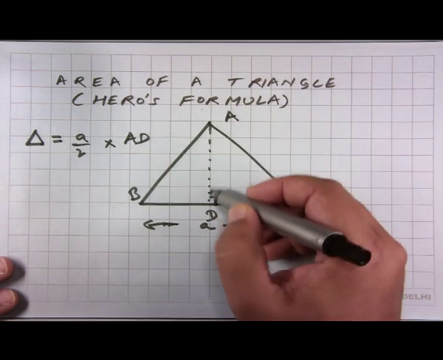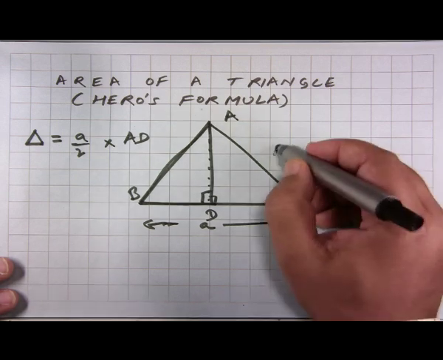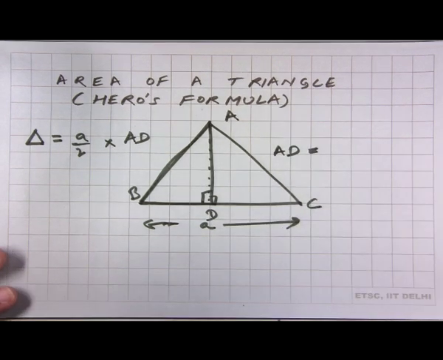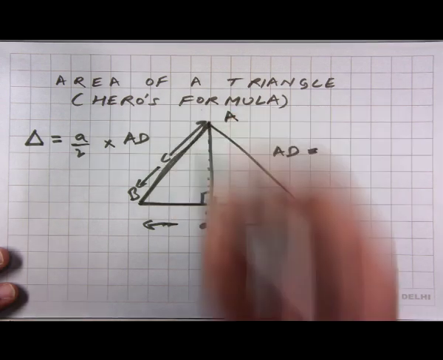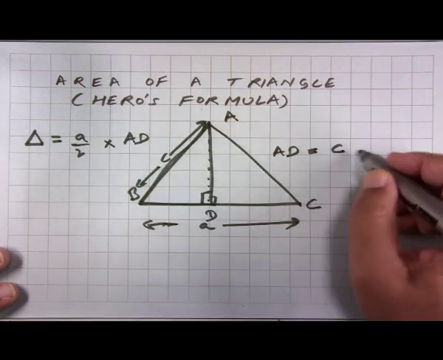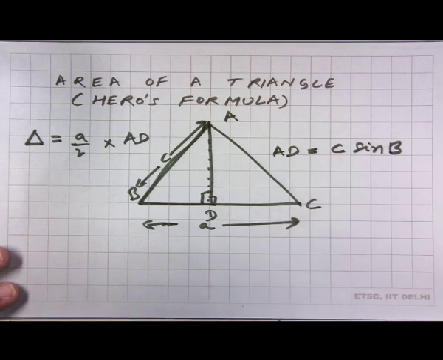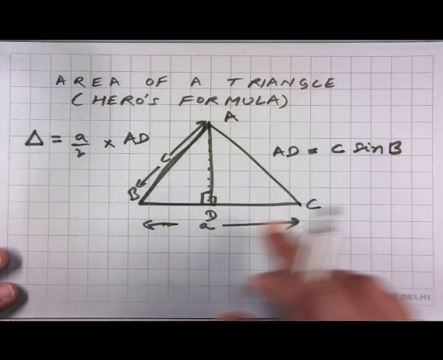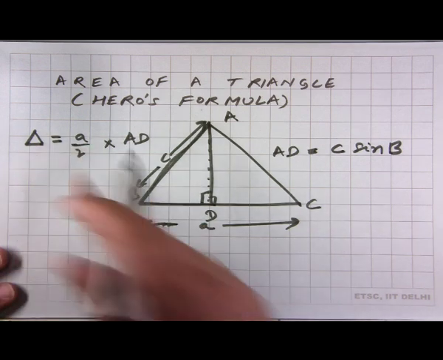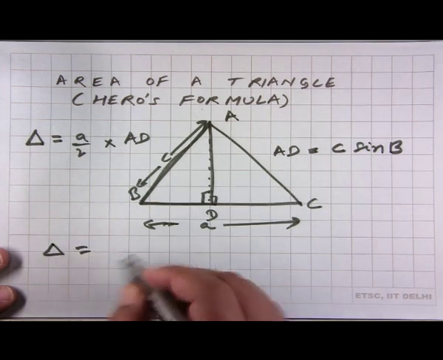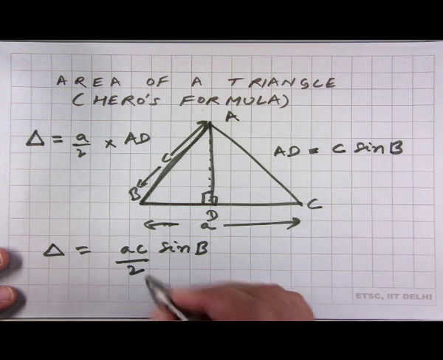But if we look at this particular right angle triangle here, then we know that AD is simply equal to, so this length is C. So, AD is equal to C into sine of this angle, but this angle is B. So, AD is equal to C times sine of angle B. Therefore, finally, what we have is the area is AC into sine B over 2.